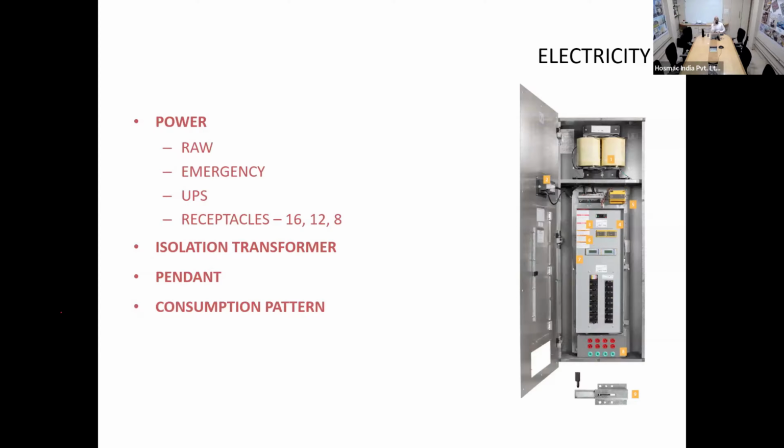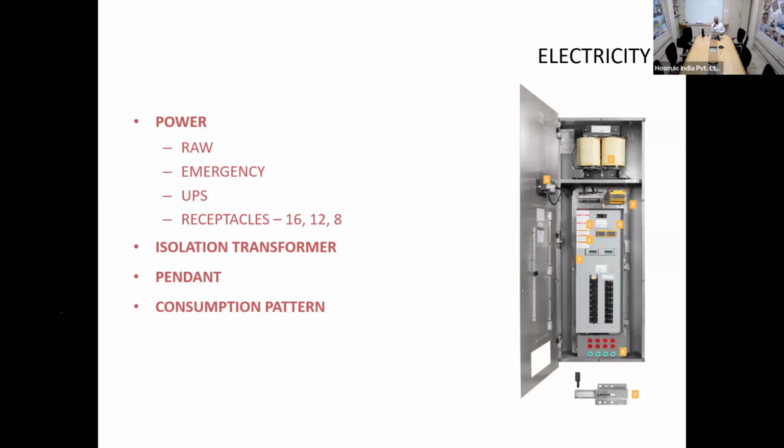The other important element in terms of provisioning of electricity is the number of power receptacles. This is also up for debate. Conventionally, in Indian operating rooms, you would have had maybe 12 to 18 power receptacles terminated either on the walls or on the pendants or in a combination of both, some on walls, some on pendants. The standards say that on each wall, you shall have not less than 2 power receptacles.